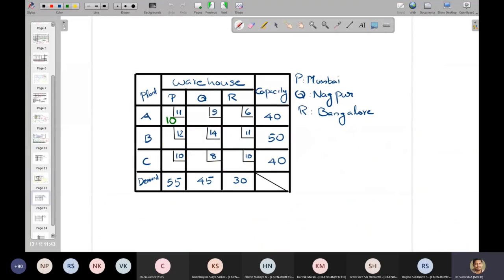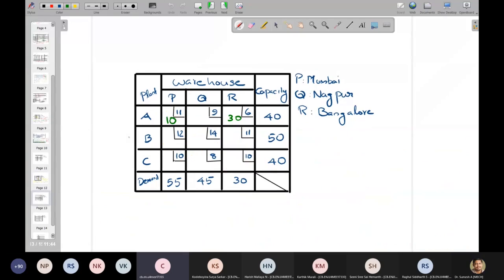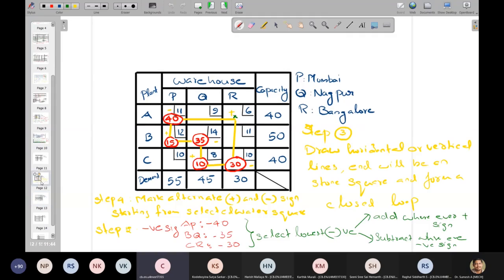Now BP? 45. BP becomes 45. Then BQ? I think it becomes 5. BQ becomes 5.